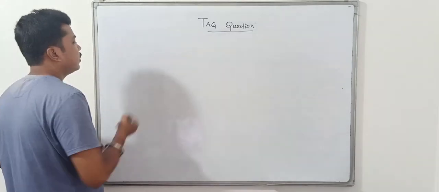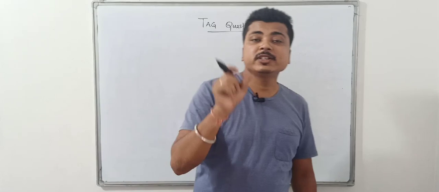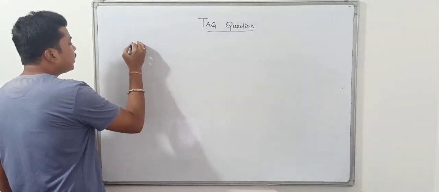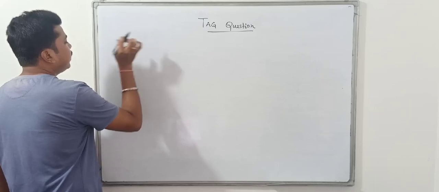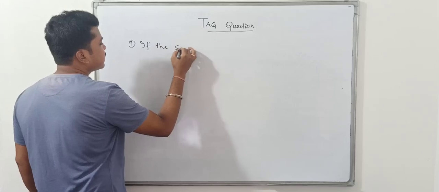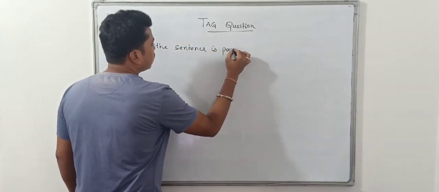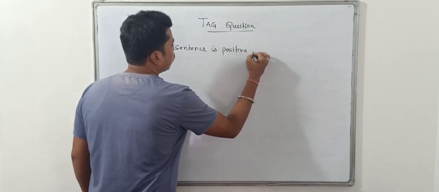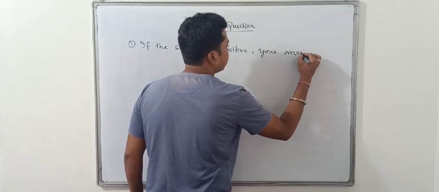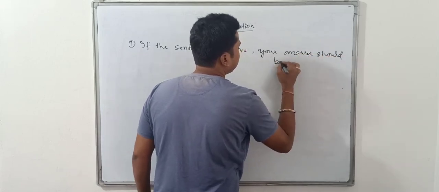Now tag question. Tag question is what? It is nothing but adding a question word, okay, at the end of the sentence. Now what are the things you should remember while doing tag question? First, if the sentence is positive, comma, your answer should be negative, okay.